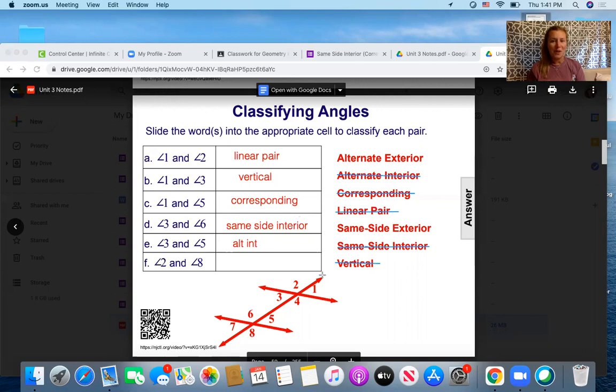Oh, you just sent it. That's okay. 1, 2, 3, send it if you know it. Perfect. All right. I guess I was moving too slow for here. We got alternate exterior. Good job, guys.